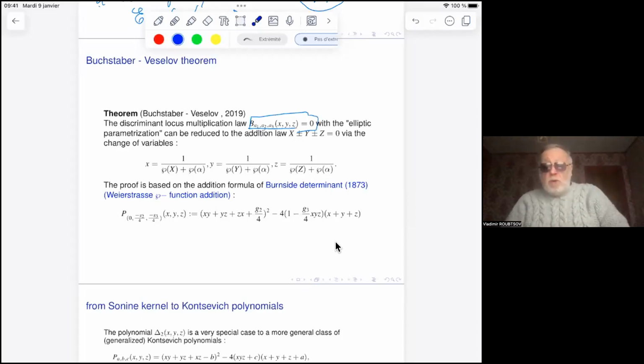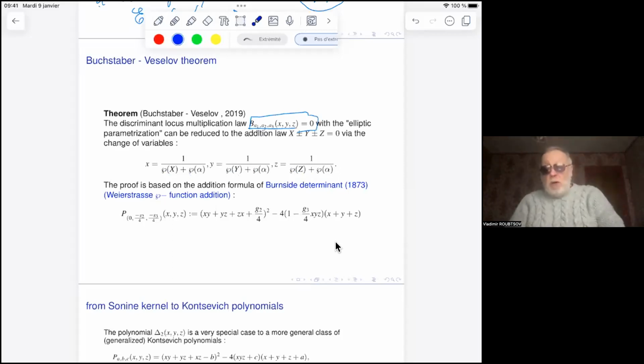Then Buchstaber and Veselov observed that if we introduce this point alpha and P at the point alpha, and take the following change of variables, we introduce variables big X, big Y, and big Z, such that the variables x, y, and z, which satisfy the equation of the Buchstaber polynomial, are inverse to the P function at X plus the P function at alpha, the P function at Y plus the P function at alpha, and the P function at Z plus the P function at alpha.